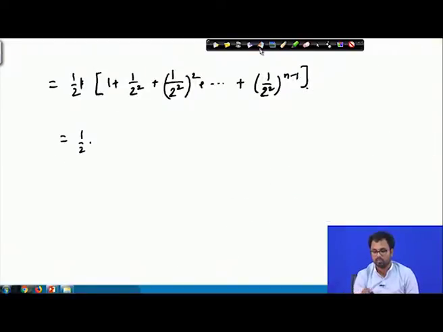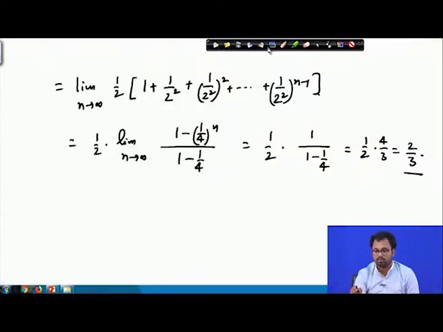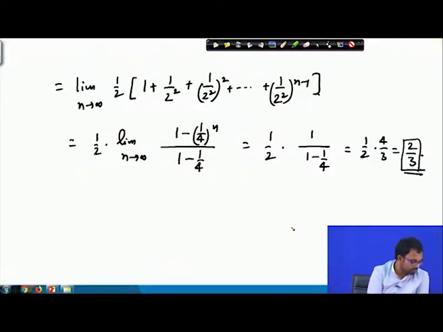If we use that formula and let n go to infinity, then the value of the integral is 2 by 3. So this is one such result where we use that previous theorem.